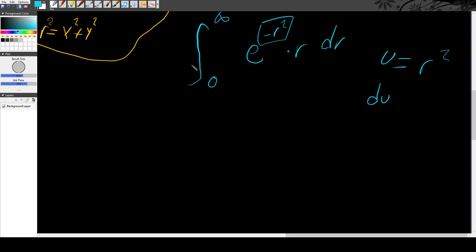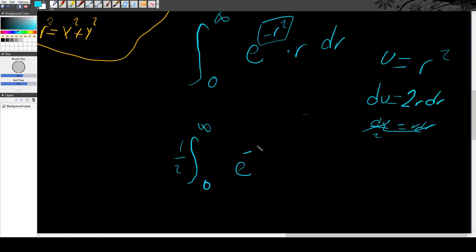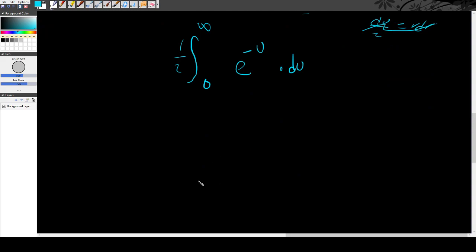You could keep the negative, but make sure you put a negative outside the integral. Then 2r dr: I only have r, not 2r, so I'm just going to put a 1/2 out in the front. This is basic u substitution, du over 2 equals r dr. So it's the integral from 0 to infinity of e to the negative u times du.